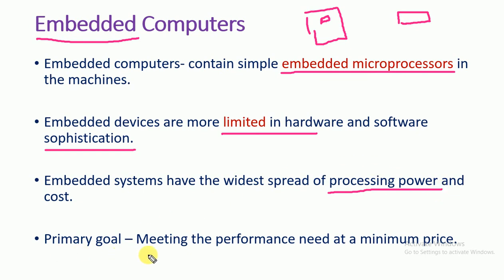The primary goal is to meet the performance need at a minimum price. So maximum performance to be gained with a minimum price. If you want to buy a washing machine, we are looking for a better performing machine at a minimum price. So price may vary, and accordingly the performance may also vary.